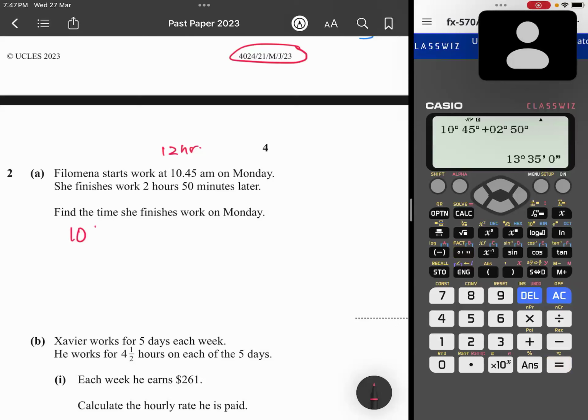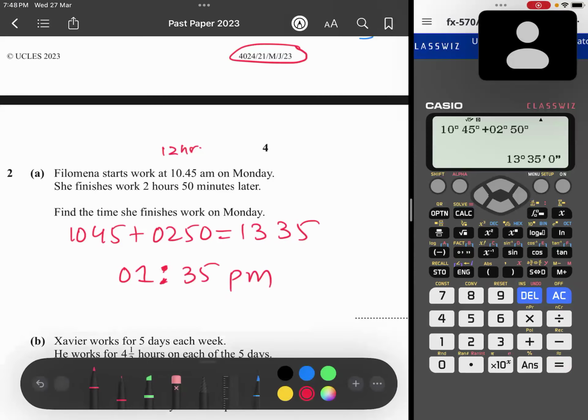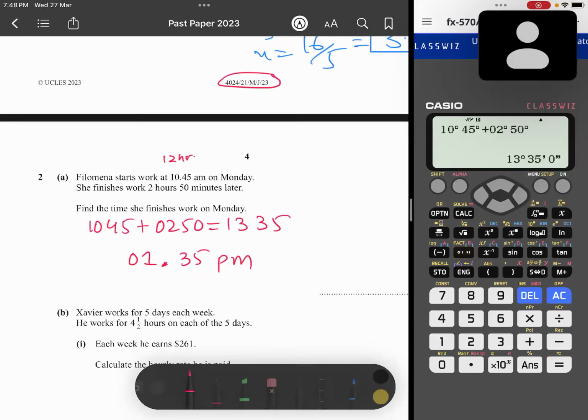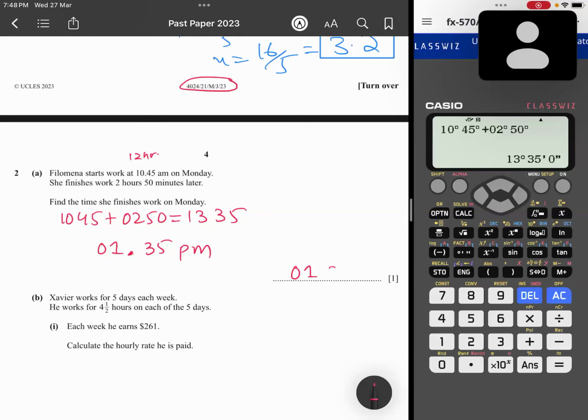So 10:45 plus 2:50 is 13:35. That is 1:35 p.m. Yes or no? Yes, sir. So that is 1:35 p.m.